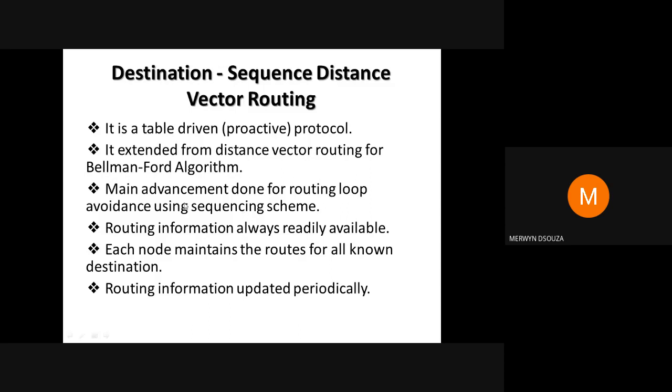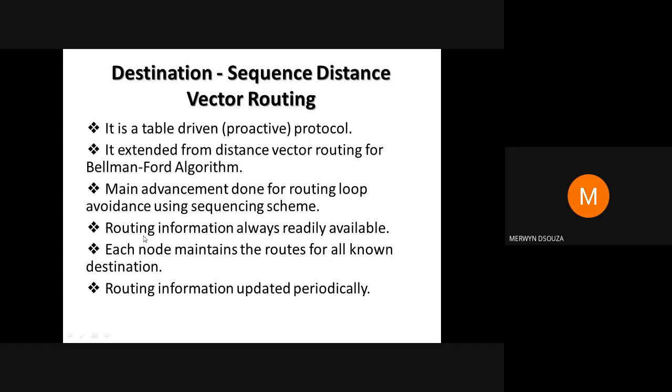Here in MANET routing, when they have adapted this algorithm, they have done away with that disadvantage by avoiding the loops using sequence numbers. And the tables are already created; they are not created when the packets arrive.